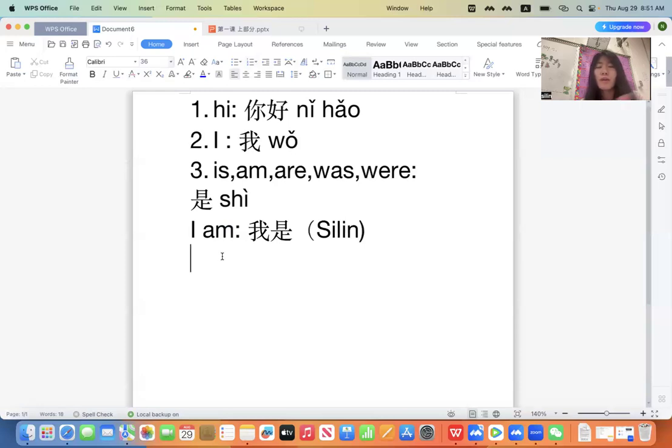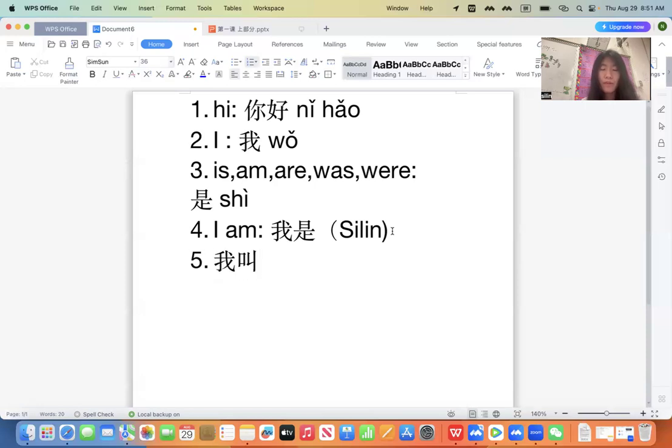Another way in spoken Chinese, except 我是, you can also say 我叫. This word 叫 means be called.